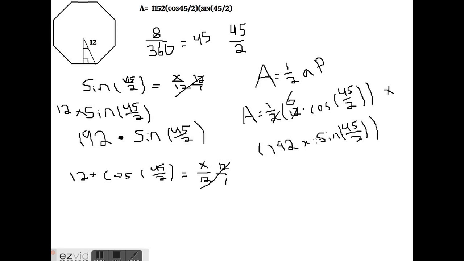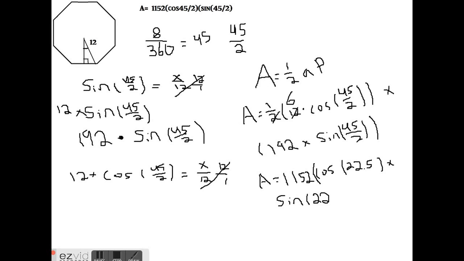And then when you plug that into the calculator or your mind, you get area is equal to 1152 cosine 22.5 multiplied by sine 22.5.